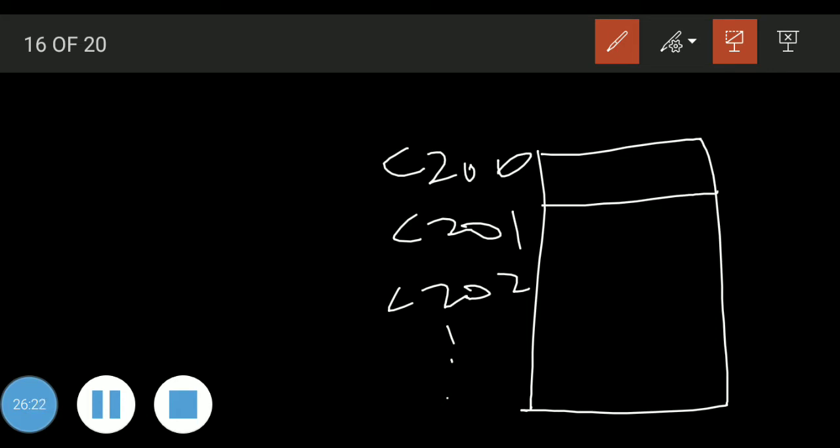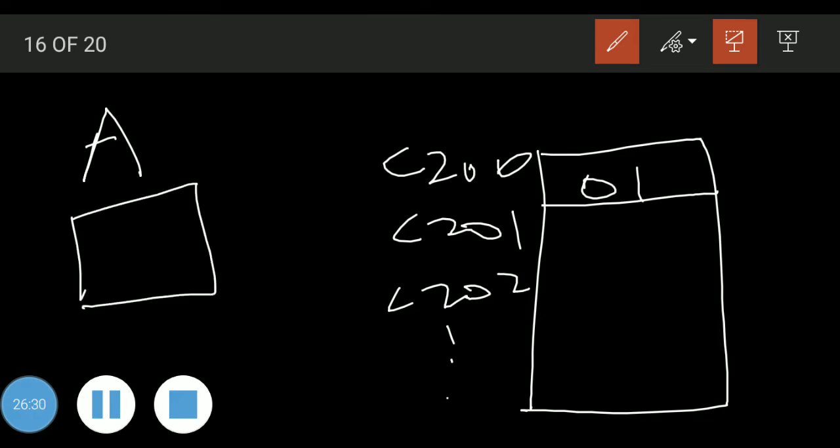I need this number to be copied into the accumulator. From memory directly to accumulator, it is not possible. So what do we do? We will have one register pair, that is HL.